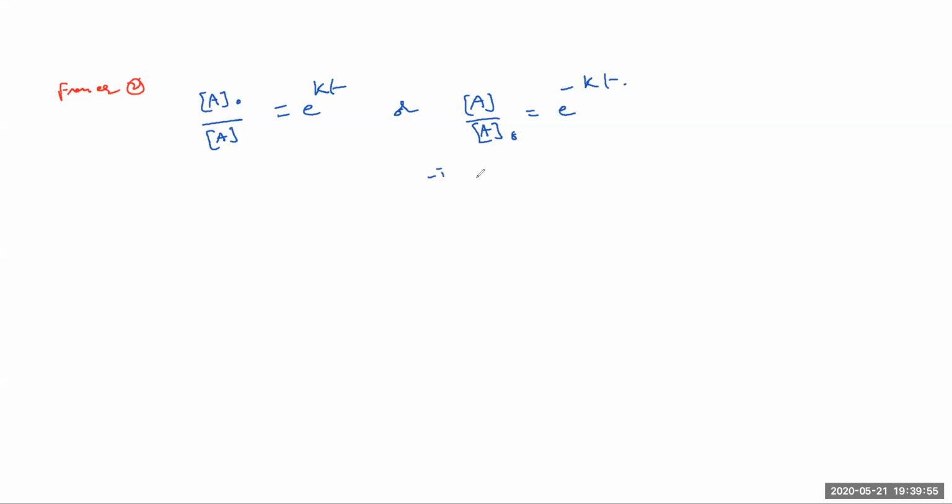Therefore, a is equal to a naught into e power minus kt.